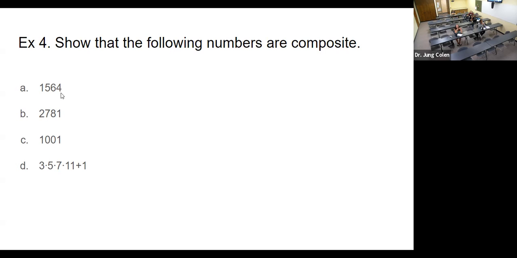So I'm going to go to the next prime number, 3. We know if we add all the digits and it's divisible by 3, that means this whole number is divisible by 3. 2 plus 7 plus 8 plus 1 is 18, divisible by 3. So there is at least 3 as a factor other than 1 and itself, right? So it is a composite number.